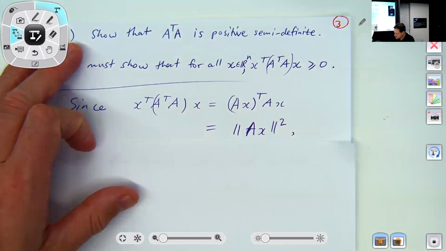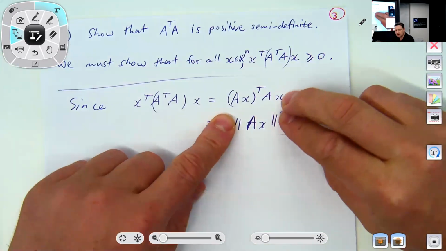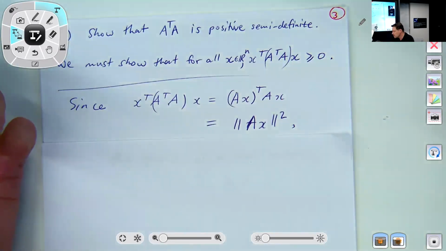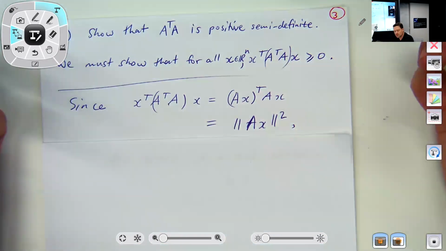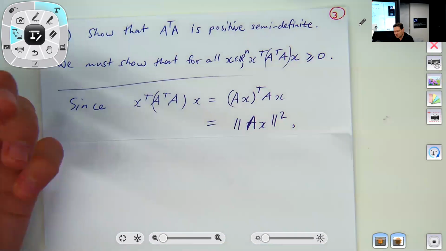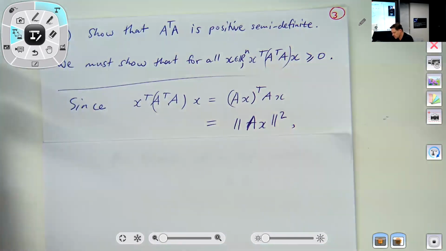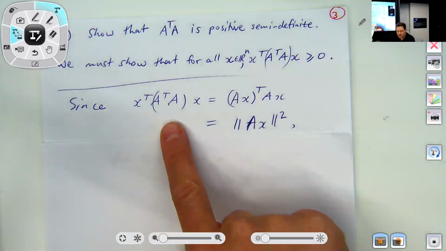Okay, and since this one is just a scalar, we've got the square of a scalar, and so that's a positive real number or 0. Okay, so in other words, it's greater or equal to 0, and so we have shown that this one is greater or equal to 0, and so the matrix A transpose A is positive semi-definite.